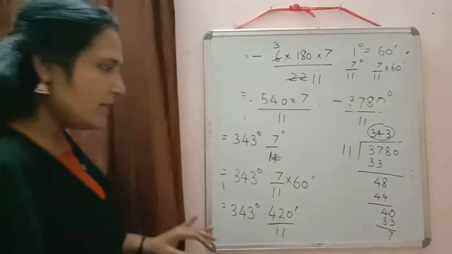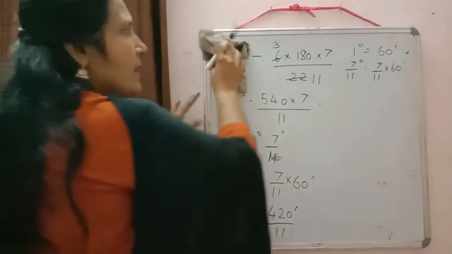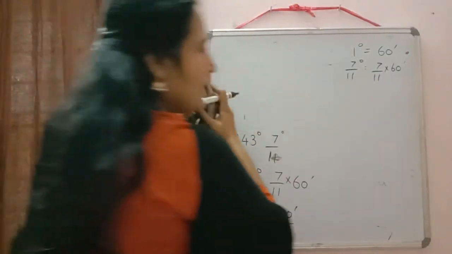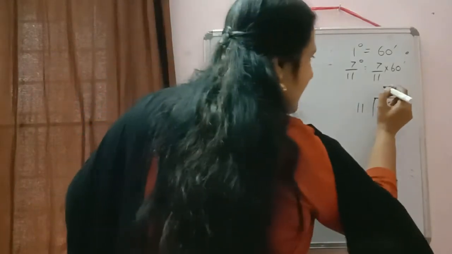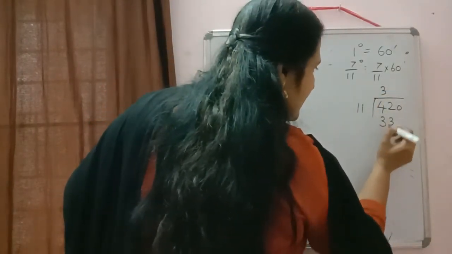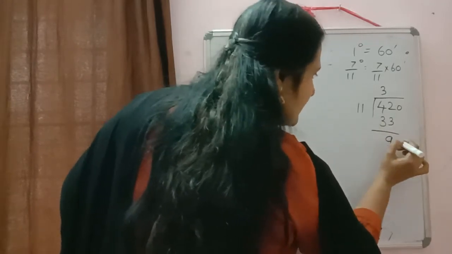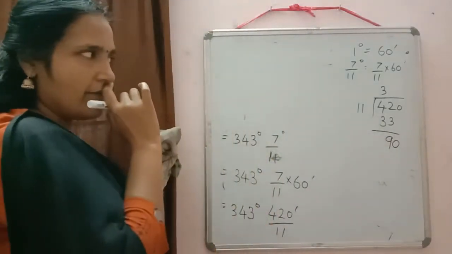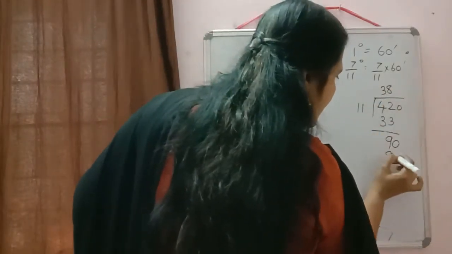Again we will divide 420 by 11. 11 3s are 33. So 42 minus 33, 9. Now here 0 will come down, so 90. 11 8s are 88.